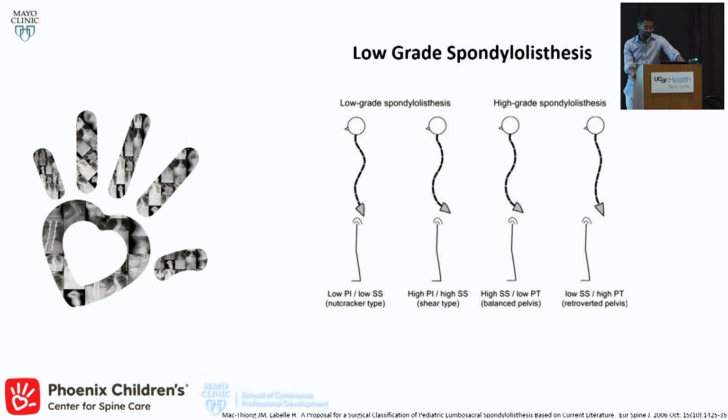This was originally defined by the literature looking at patients with low-grade spondylolisthesis. For patients with high-grade spondylolisthesis, looking at whether the pelvis was balanced or unbalanced helped form a reference point for individuals needing, or at least allowing for, a treatment for these particular slip types.